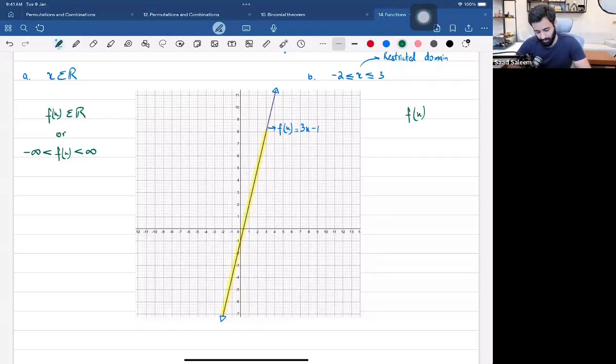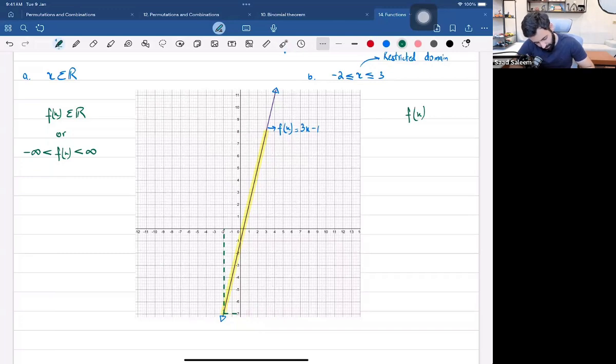So here's what we can do. We can see that in between these two values, our graph is constantly increasing. That means if I plug in one end of the domain, if I plug in -2, I will get the least value. If I plug in 3, I will get the greatest value. The least value, as we all can see, is -7. That's what we get when we plug in -2.